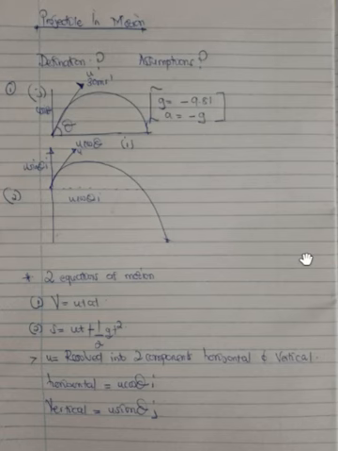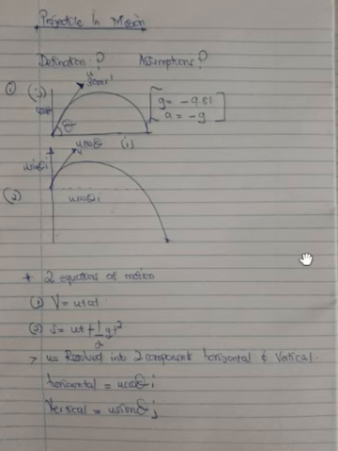The first one deals with velocities: v is equivalent to u plus at. The second one is s is equivalent to ut plus half gt squared. Right now we need to derive my equations.